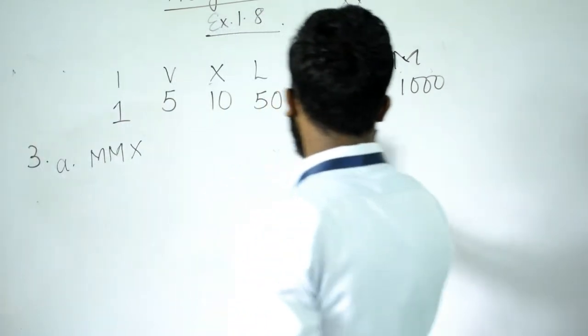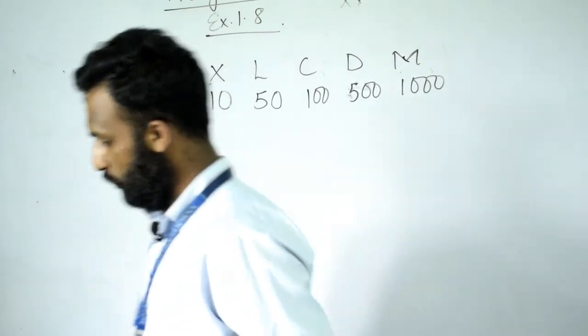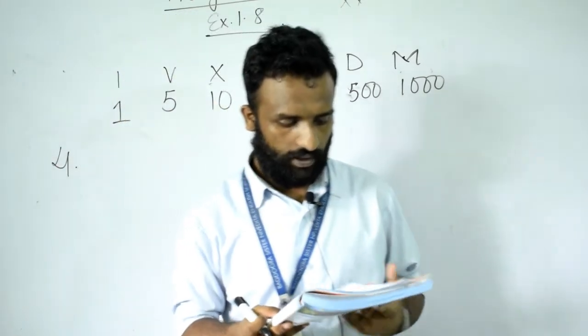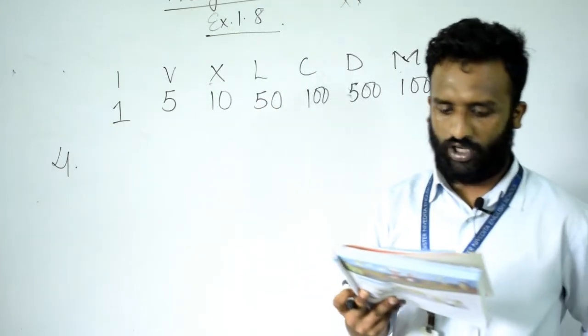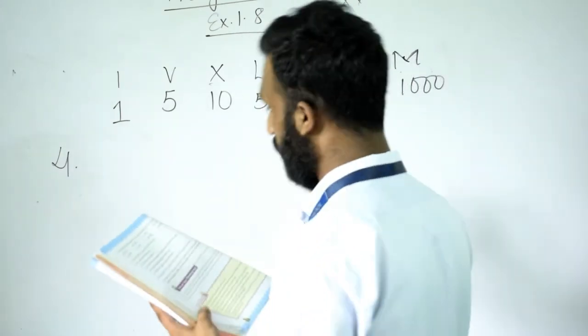Now after question 3, let's do question number 4. What is question number 4 saying? Arrange these in ascending order. The Roman numericals are given, and we have to arrange them into ascending order.